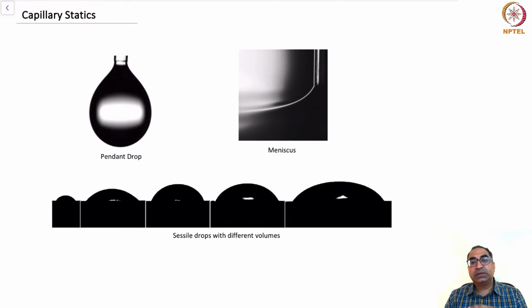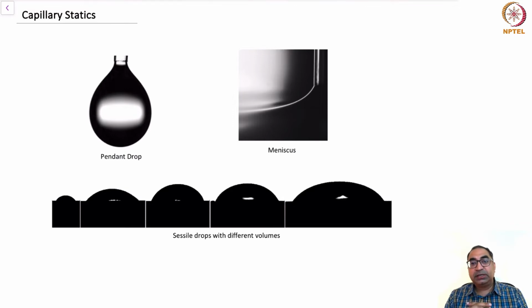Now, what is common in all these three problems? One, all of them are static problems. And two, although they have different shapes, there are some common forces at work. For example, gravity is important in all these three problems, and so is surface tension.